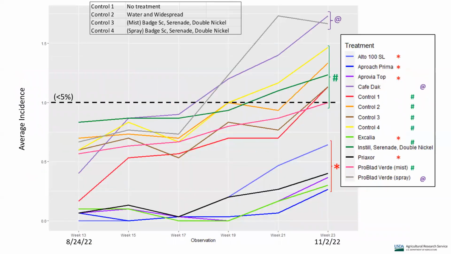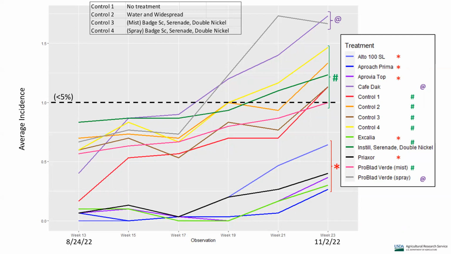Okay, so to try to summarize the field data over the season, this graph is showing you from week 13 into week 23. So that's the end of August through November into the harvest season. The various colored lines indicate the treatments with the various controls, Preaxor, the systemics, the combination of the copper and the Serenade and Double Nickel, no treatment, and also just water and Widespread.